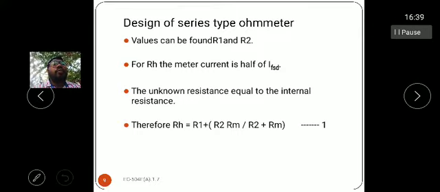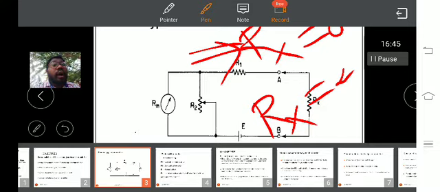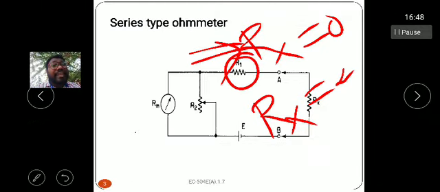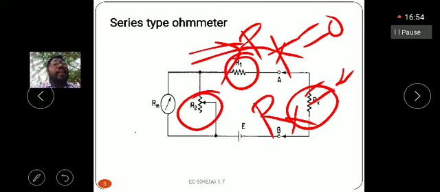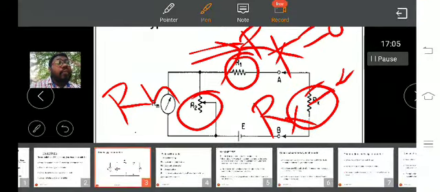Here RH is the unknown resistance, and these two are in shunt.